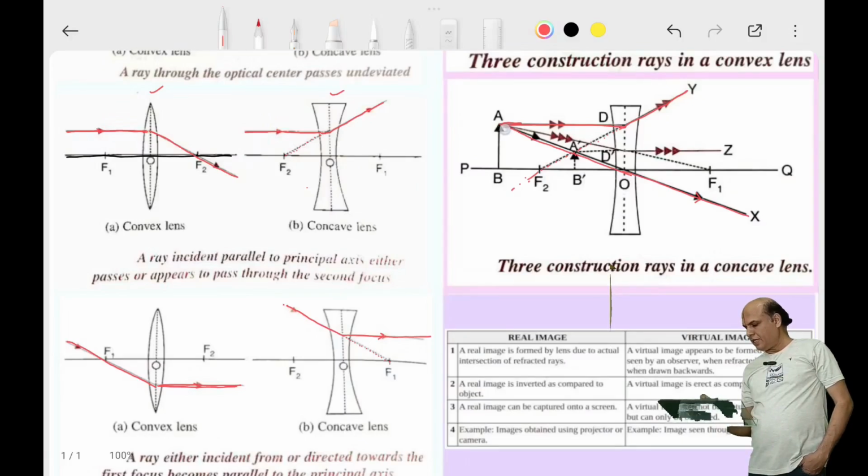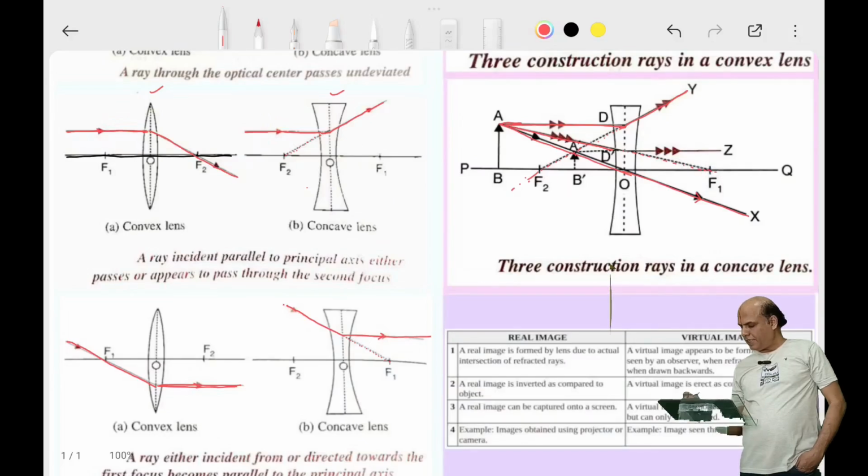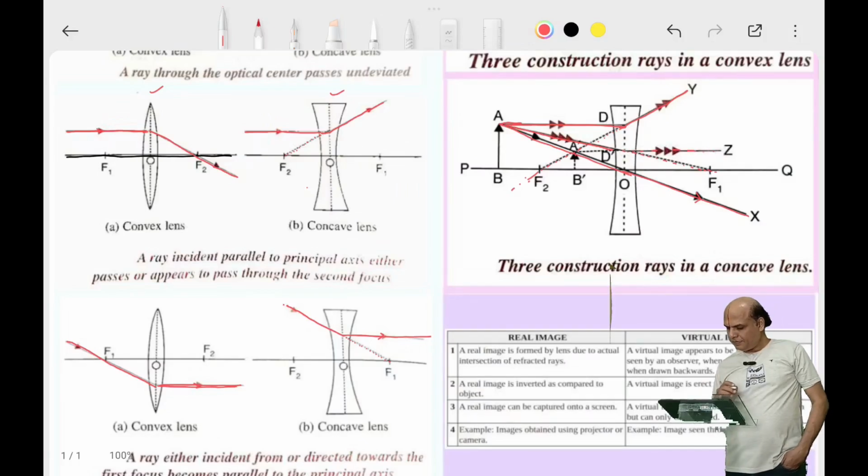Another, third kind of light ray, AD dash, is considered incident on the lens surface. This light ray would have passed through the focal point F1 had there been no lens. After refraction, such an incident light ray AD dash is refracted along DZ.